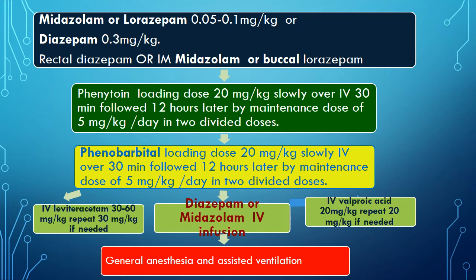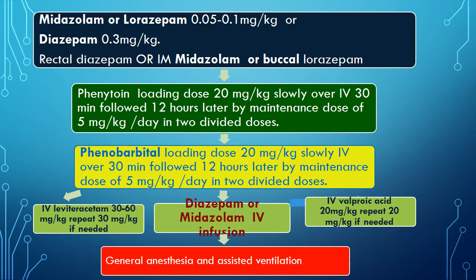If the seizure continues for 5 minutes, we should start by giving intravenous midazolam, intravenous diazepam, or intravenous lorazepam. When no intravenous line is available, midazolam can be given intramuscularly, diazepam can be given rectally, and lorazepam can be given by the buccal or intranasal route.